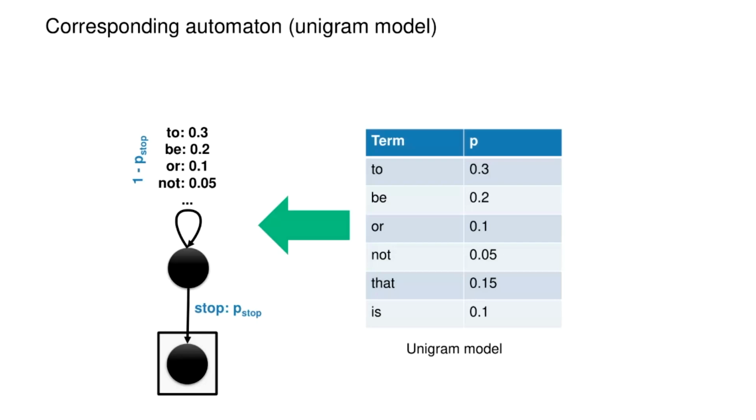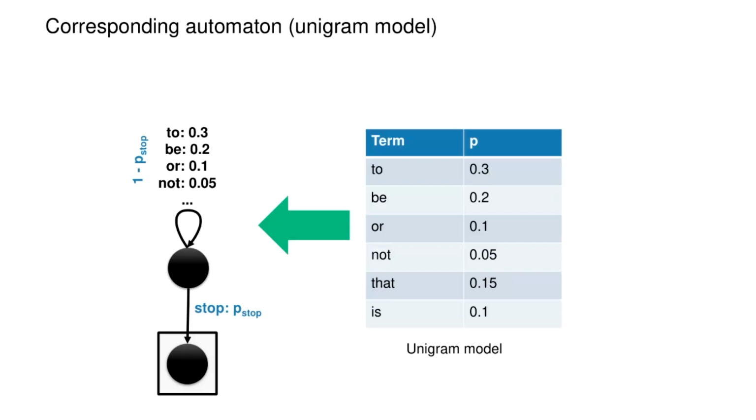So you consume letters, and every letter goes to the next transition. Or if you generate, you would generate letter by letter. But here there is a subtlety, which is that the letters of the automaton are in fact the words in our information systems, right? So the alphabet of the automaton is in fact made of the words of the information retrieval system. It's a subtlety, it can take a bit of getting used to, but this is why I have these full words here, to, be, or, not, which are in fact letters of the automaton alphabet. For whom is that clear?